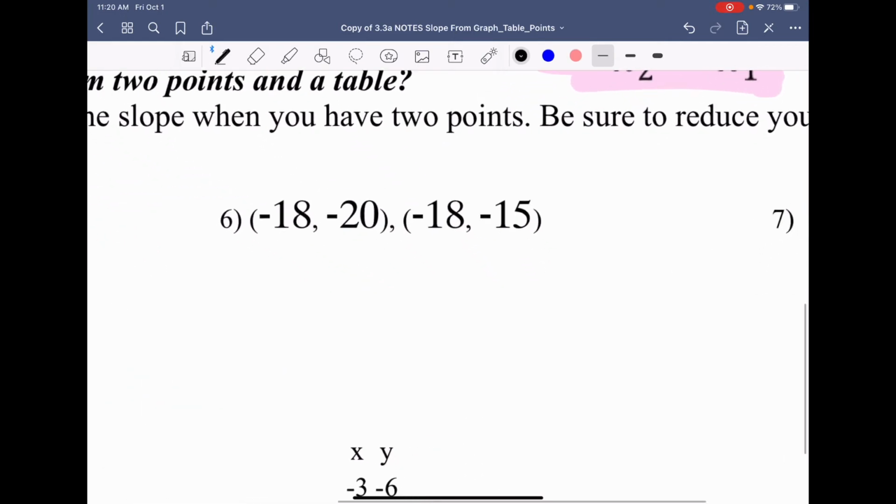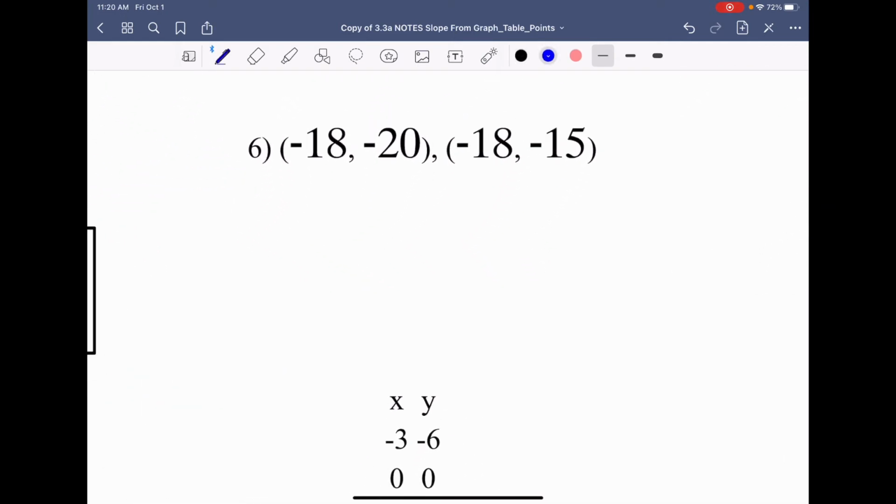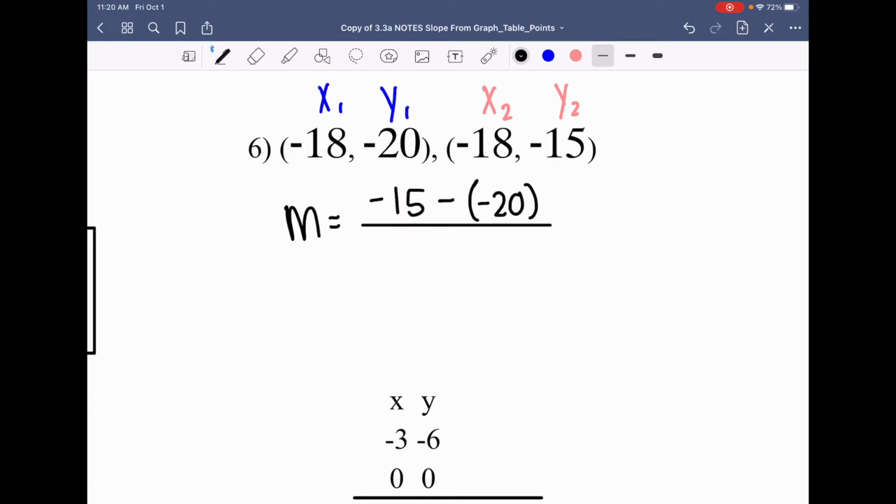All right, so I'm going to do this one. So again, we're going to label x1, y1, x2, y2, and then just put them in the formula as is. So slope equals y2 comes first, so negative 15 minus y1, which is a negative 20, divided by our x2, which is negative 18, minus our x1, which is a negative 18.